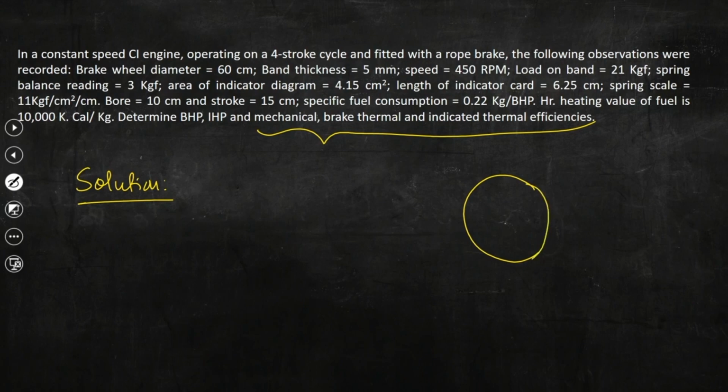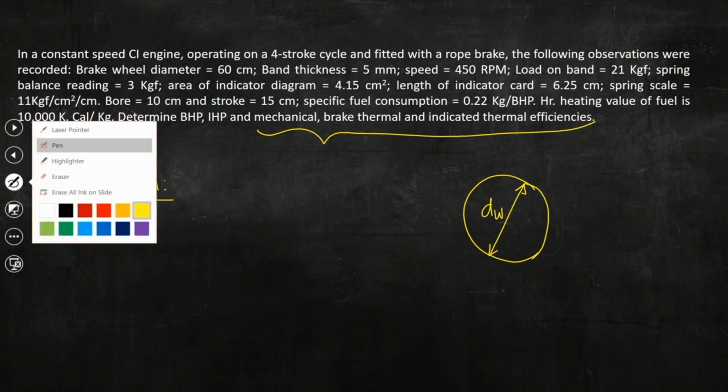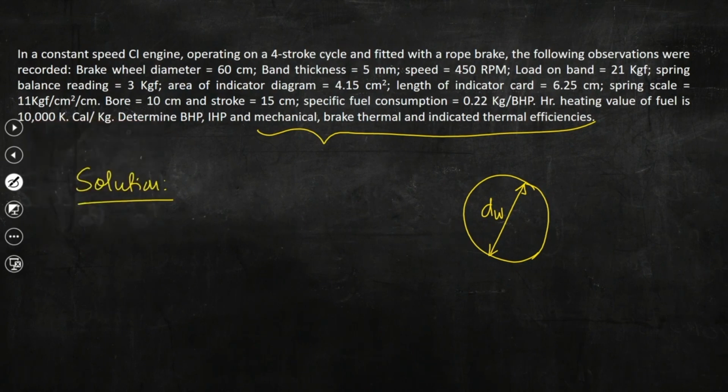So, this is basically the brake diameter, the diameter of the wheel, dW, and this is the brake wheel diameter, and there will be one band.